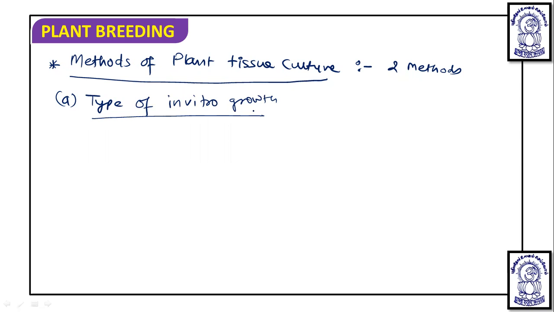One is based on the type of in vitro growth, how the cultures are grown, and in this we study callus culture and suspension culture.